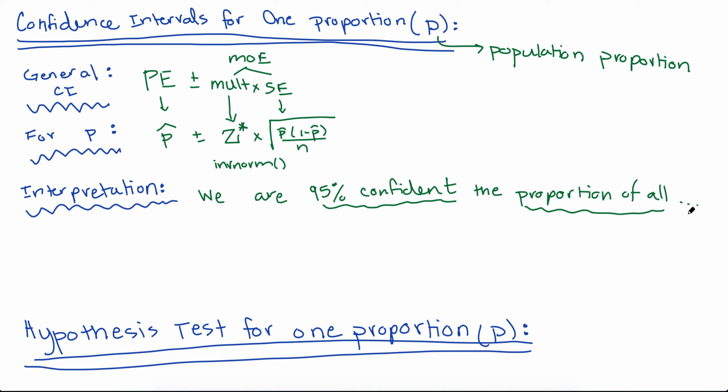So, proportion of all people in the U.S. that smoke, or whatever the context is. We're 95% confident the proportion of all blah, blah, blah. And then the last part, give your interval: is between blank and blank. Okay? Never use the word data in this interpretation. The data, we're 100% confident, is smack dab in the middle of our interval every single time.